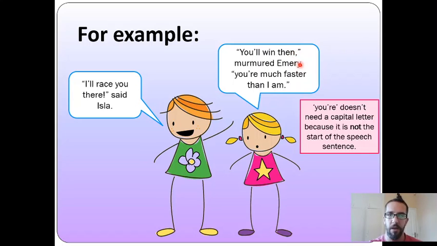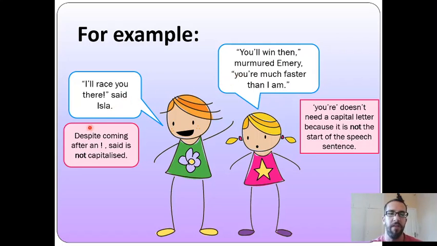Now you notice there she says a second sentence there. Now you're going, Mr. Van Zouten, well, why doesn't that start with a capital letter? Well, that's not the first thing that Emery said. The first thing she said was you. Then she carries on speaking. And because she hasn't finished speaking yet, that second part there doesn't get a capital letter.